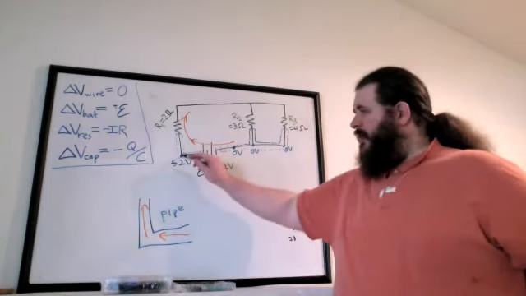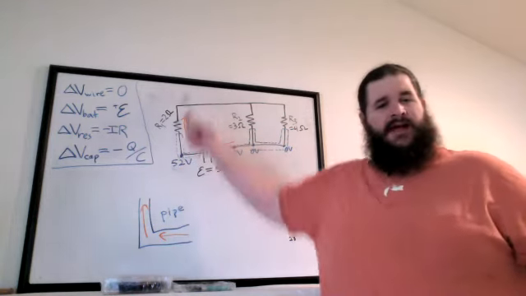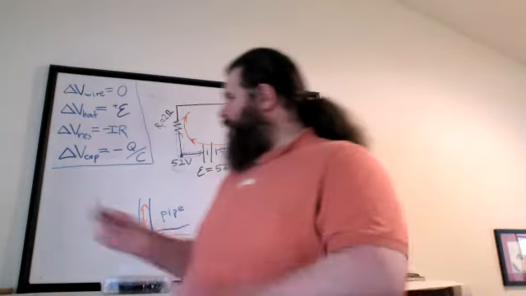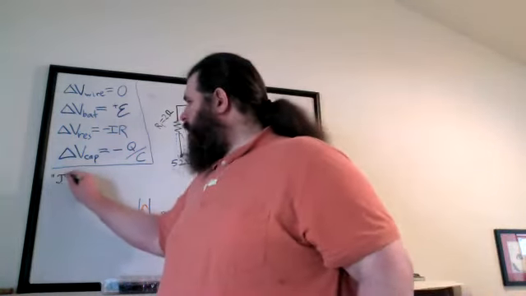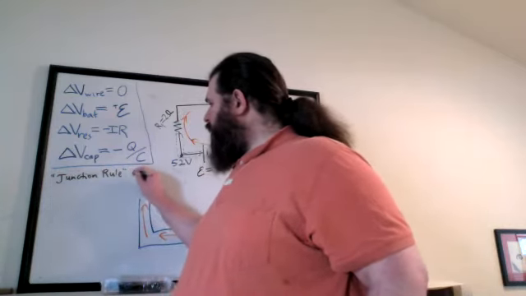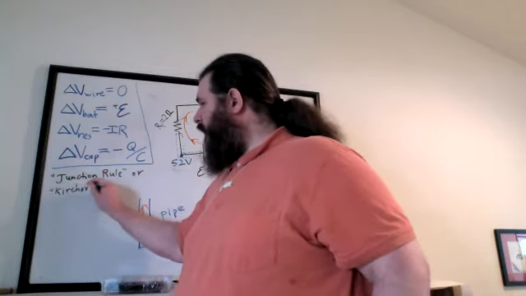For any single point, like for this corner, the current flowing into this corner has to match the current flowing out of this corner. For electrical systems, that's usually called the junction rule. Or sometimes called Kirchhoff's current law.